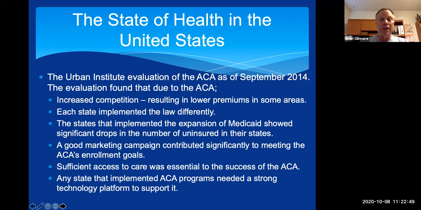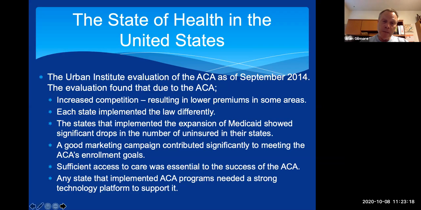Each state implemented the law differently. The states that implemented the expansion of Medicaid, or what we would call in California Medi-Cal, showed significant drops in the number of uninsured in their states. So as we began to expand the availability of Medi-Cal, that was another contributing factor that reduced the number of uninsured in our state.